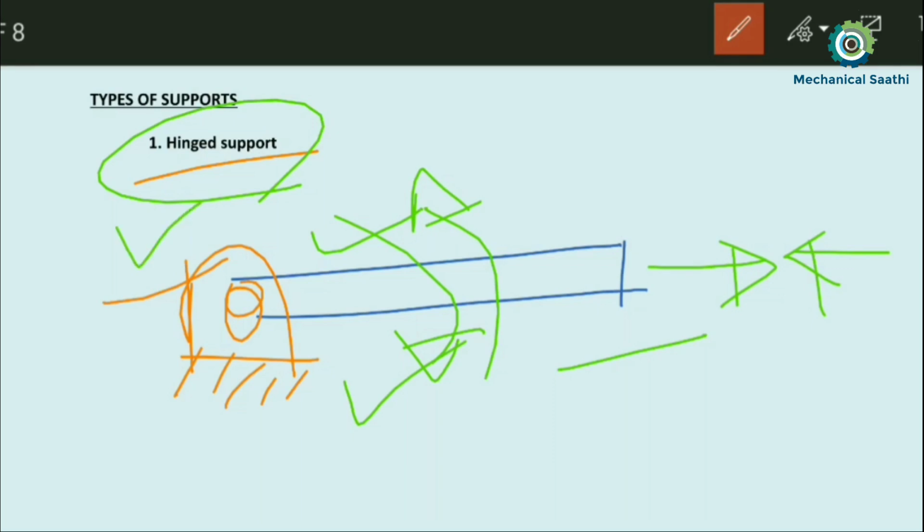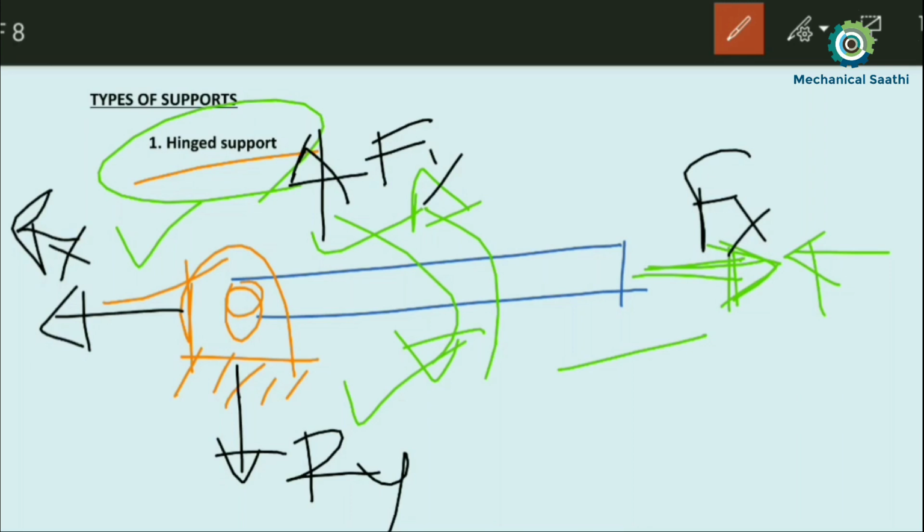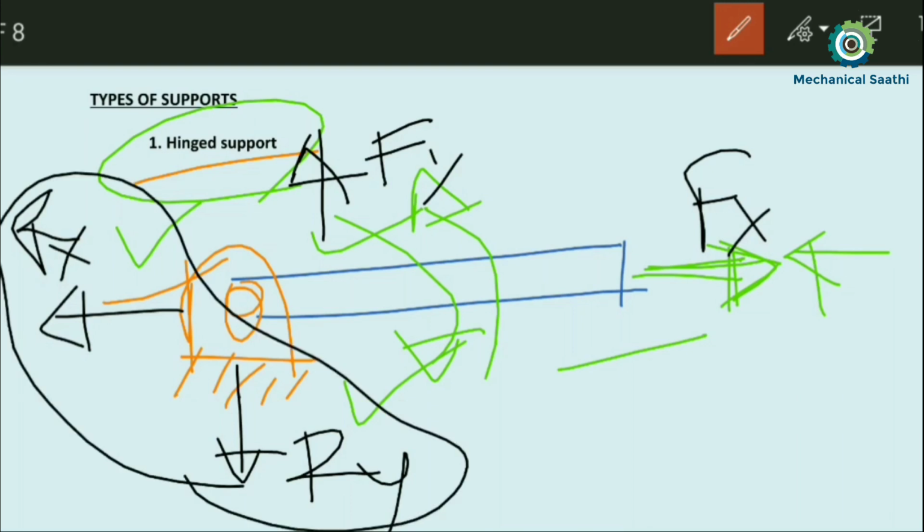But if I apply a tensile force Fx, I will get a resistance force Rx developed along this direction. Likewise, if I apply a force Fy, I will get a reaction force along the y axis, Ry. So I will get two reactions in the case of a hinge support.